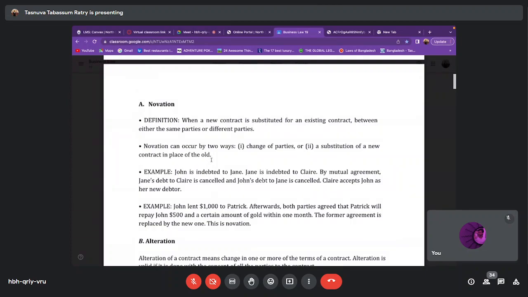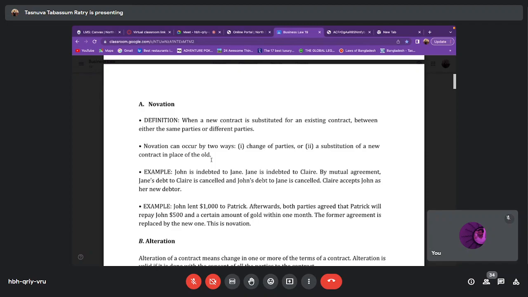Now, another agreement: Jane has taken money from Claire. So Jane owes money to Claire. Jane has taken 100 taka and Jane needs to pay that 100 taka to Claire. So two contracts have been made: John has taken money from Jane, and Jane, to give that money to John, has taken money from Claire.